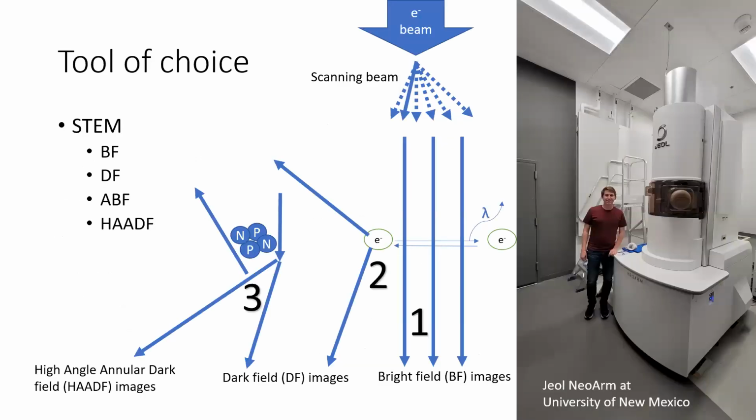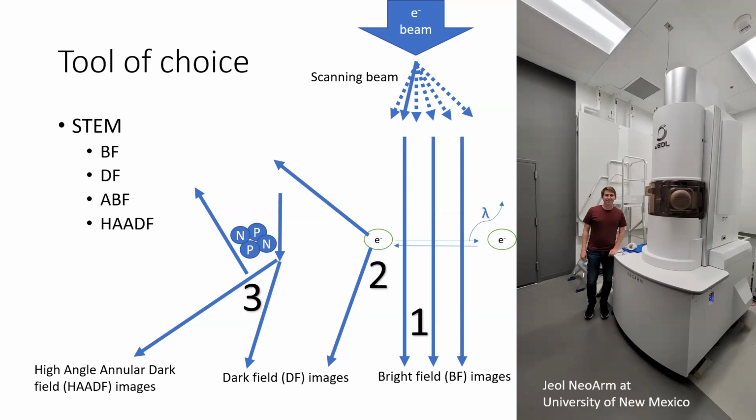The one I use primarily is the STEM mode, a scanning transmission electron microscope. The main difference is your beam is narrowed down to a point and then scans across the sample. That has some benefits. Mainly, you can do multiple imaging modes while you're looking at the sample, the main ones being bright field, dark field, and high angle.